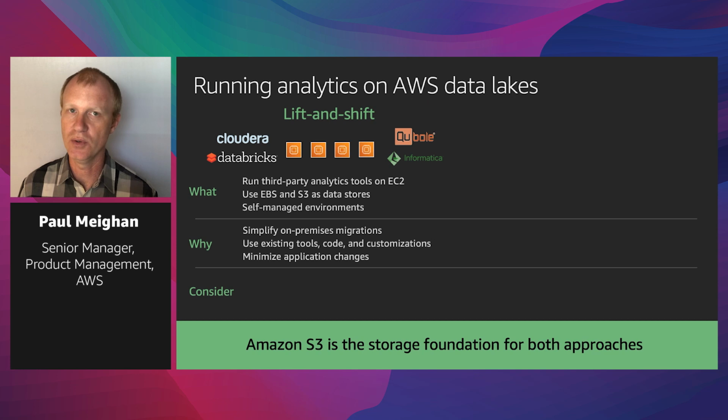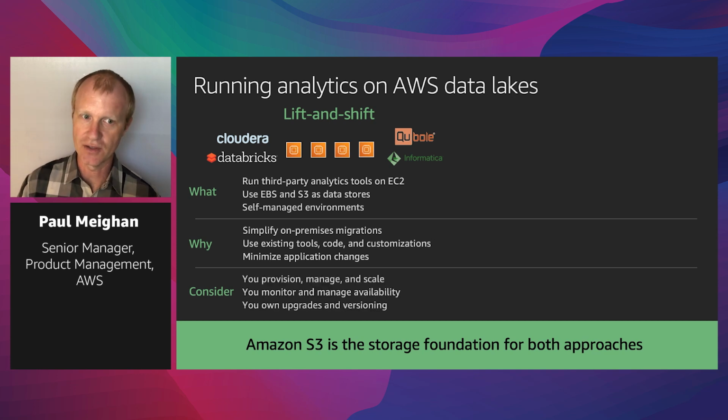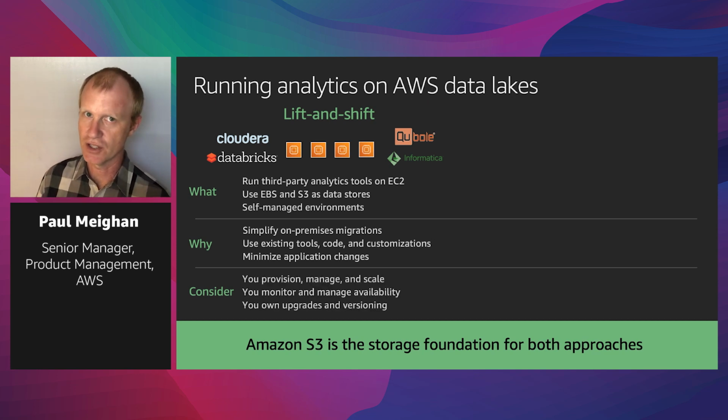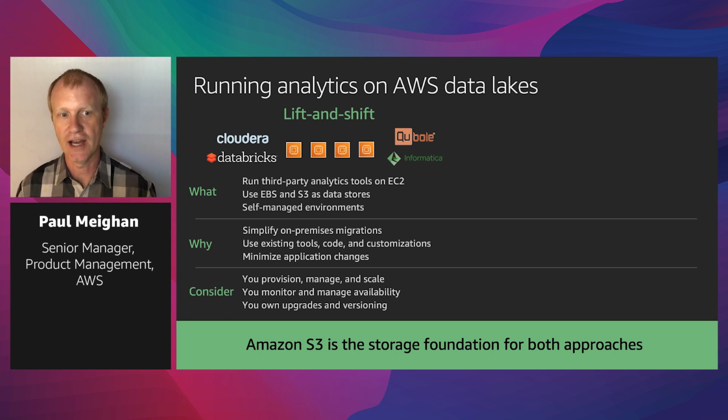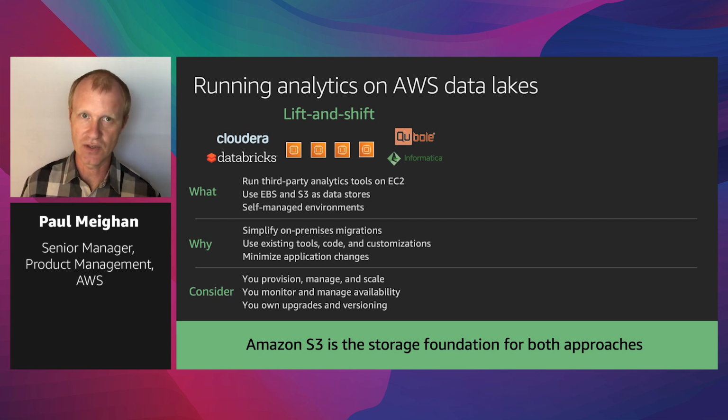And there are really two camps on how to do that, right? The first is a lift and shift method for running applications, where you bring a partner application from someone like Databricks or Qubole or Informatica or others in order to actually run the analytics against data sitting in S3.